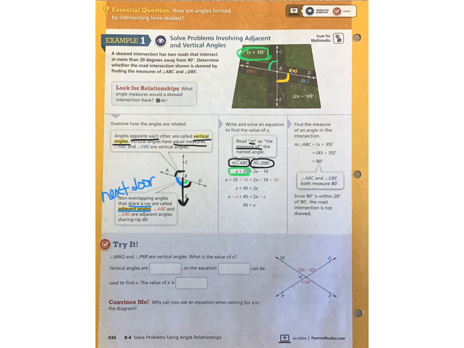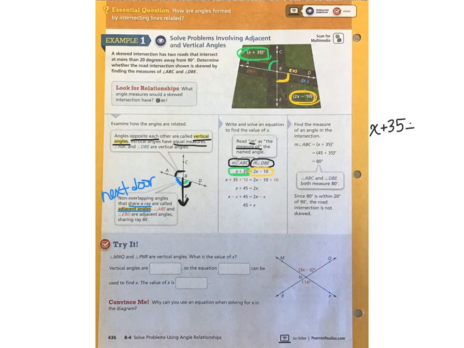And the measure of angle DBE is 2x plus 10 degrees. And because those two angles are vertical angles, the measures are equivalent.